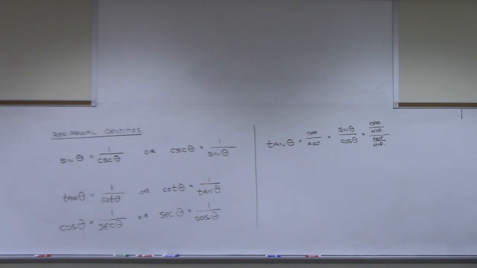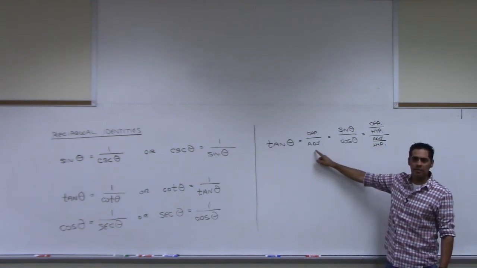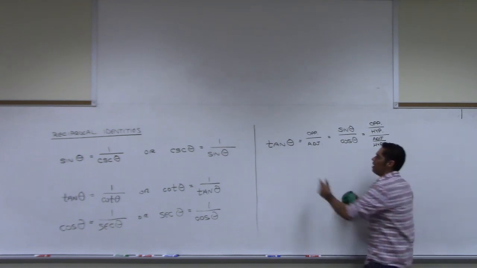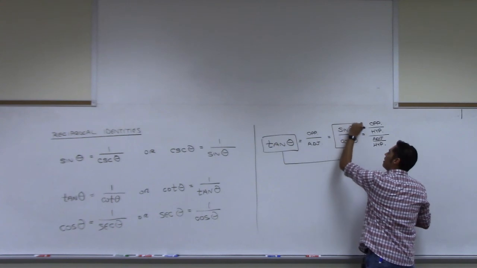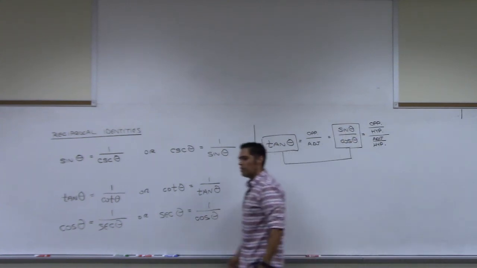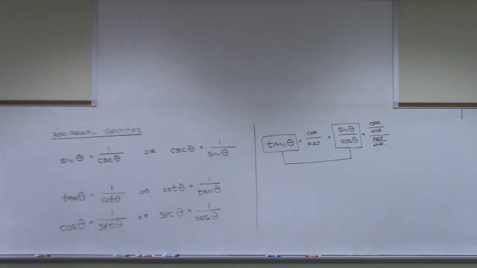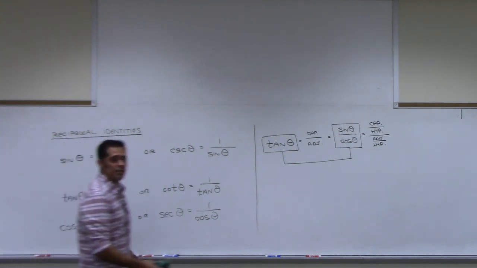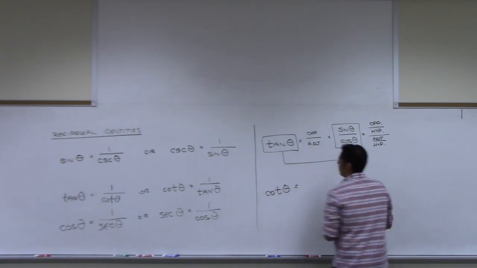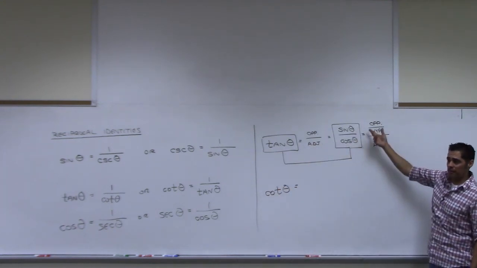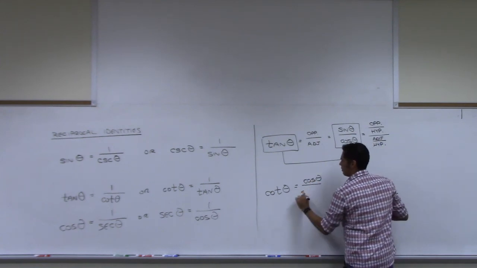And you're just left with opposite over adjacent, which is what tangent is defined as. In other words, this is the connection you need to make. Tangent theta is sine theta over cosine theta. And there's a similar one for cotangent. Cotangent theta is what then? Just that flipped over. Cosine theta over sine theta.